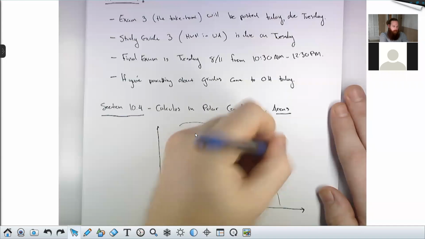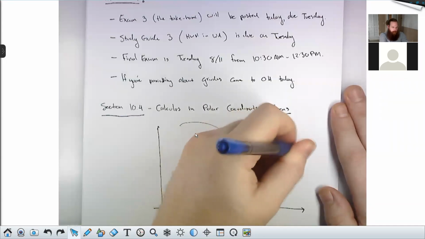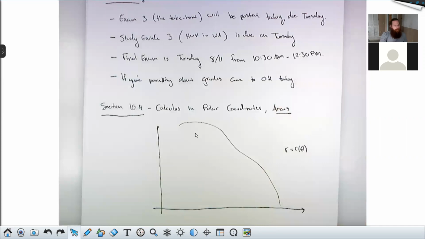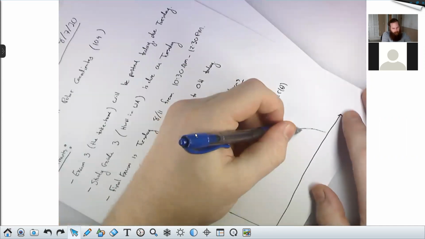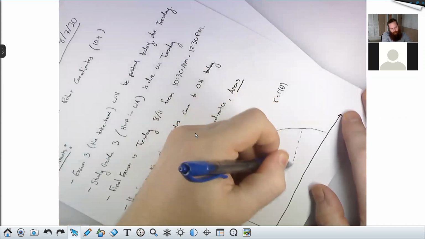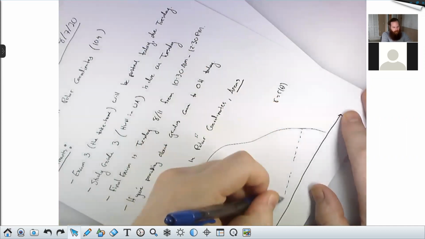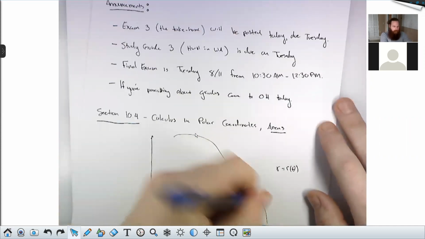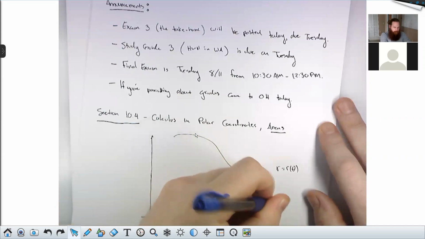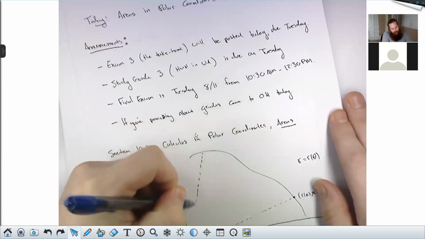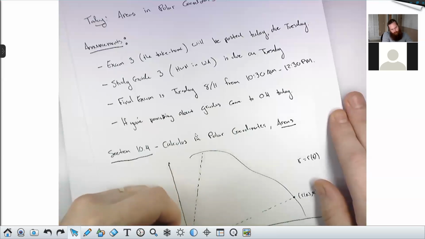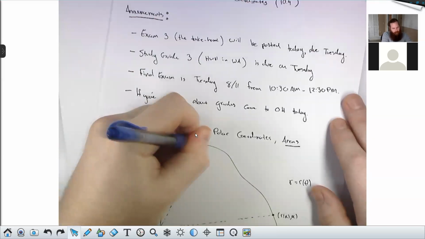So if I have some curve here where r is a function of theta, which is how we usually graph those things, and I want to find the area from some angle theta 0 down here, call it alpha, why not? So this would be the polar point r of alpha comma alpha. And I want to find all the area enclosed in this wedge that's determined by my polar curve. So this would be r of beta comma beta.